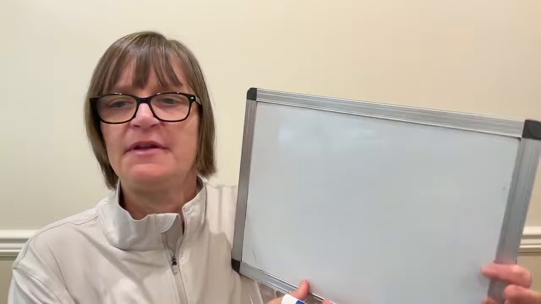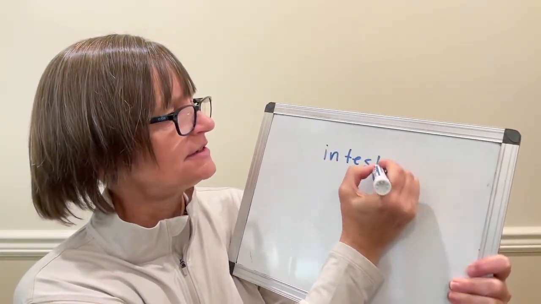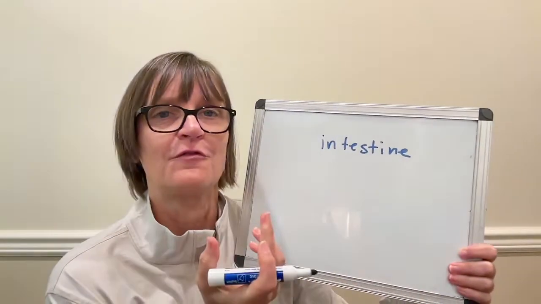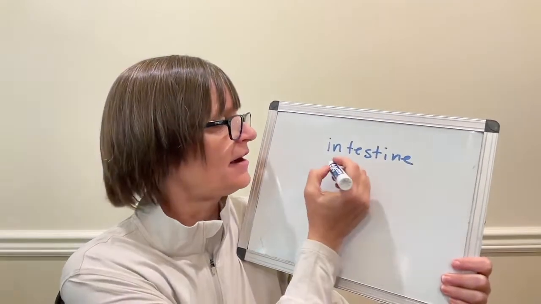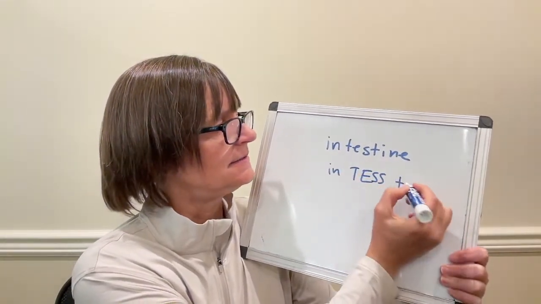We have a question about intestine. Intestine has an E at the end. The way you spelled it is kind of representative of how we typically say it, though. We don't often say tine, rather intestine.